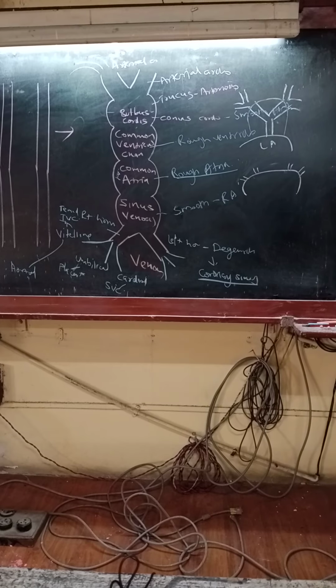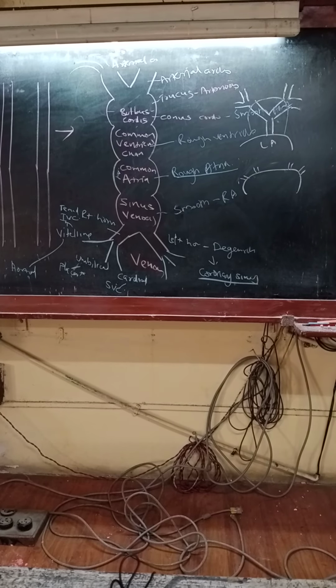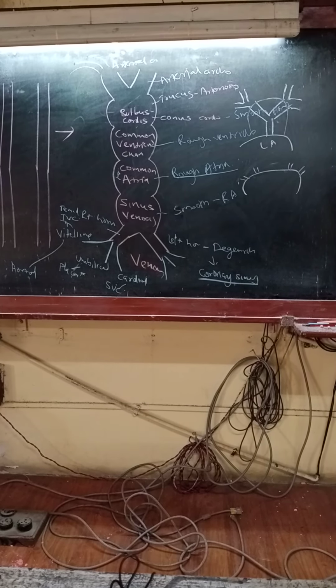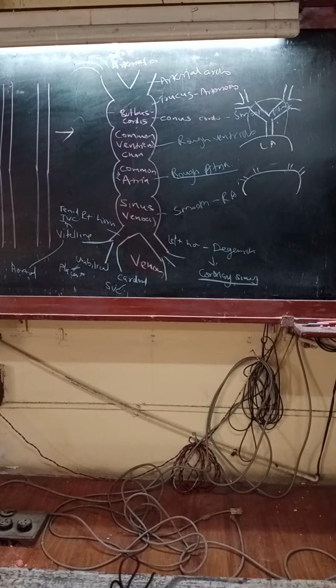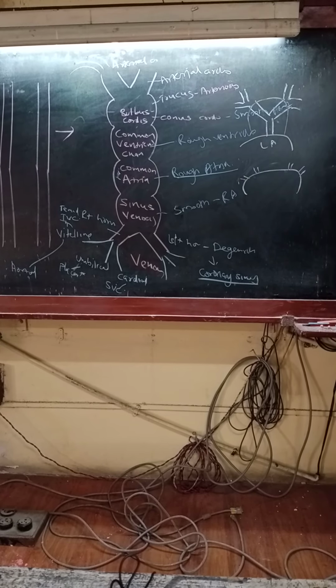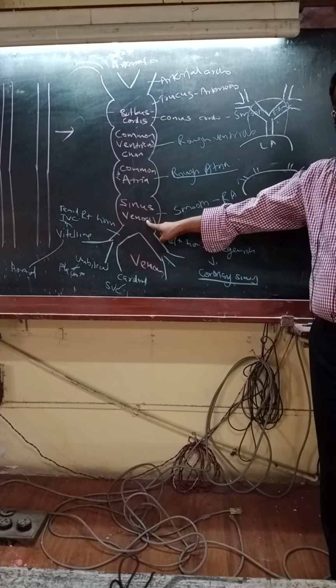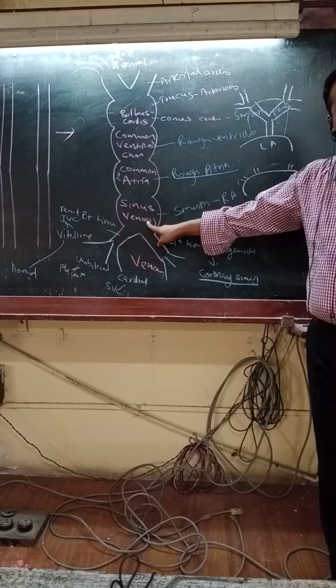So this absorbed portion of the pulmonary veins forms the smooth part of the left atrium. Come again: smooth part of the left atrium is formed by absorbed pulmonary vein. Smooth part of the right atrium is formed by sinus venosus.